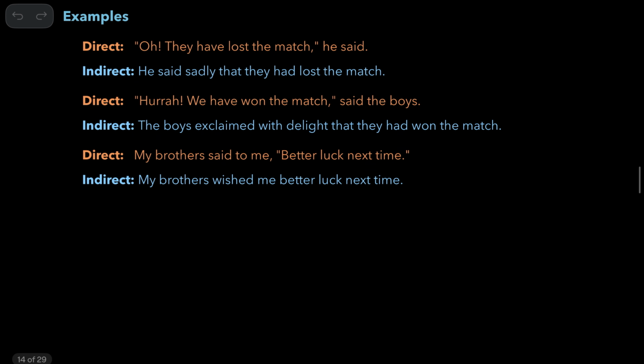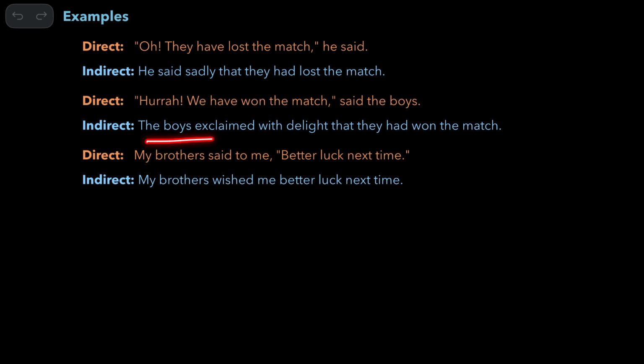Now, some examples to help us understand these rules. "Oh, they have lost a match," he said. He said sadly, sadly carries this emotion, that they had lost the match. So have lost changes to had lost. "Hurrah, we have won the match," said the boys.